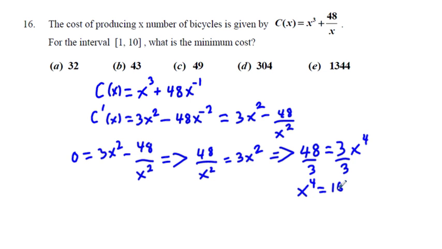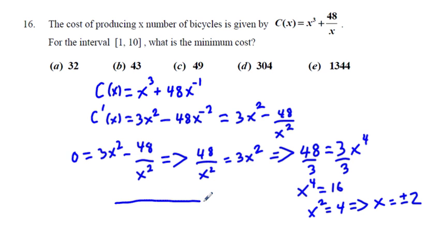And if we take the square root of both sides, we're going to have x squared is equal to 4. And if we take the square root again, x is going to be equal to plus or minus 2. And again, we're really only interested in the plus side because we're interested between 1 and 10. So 2 would be our relative minimum in this interval.